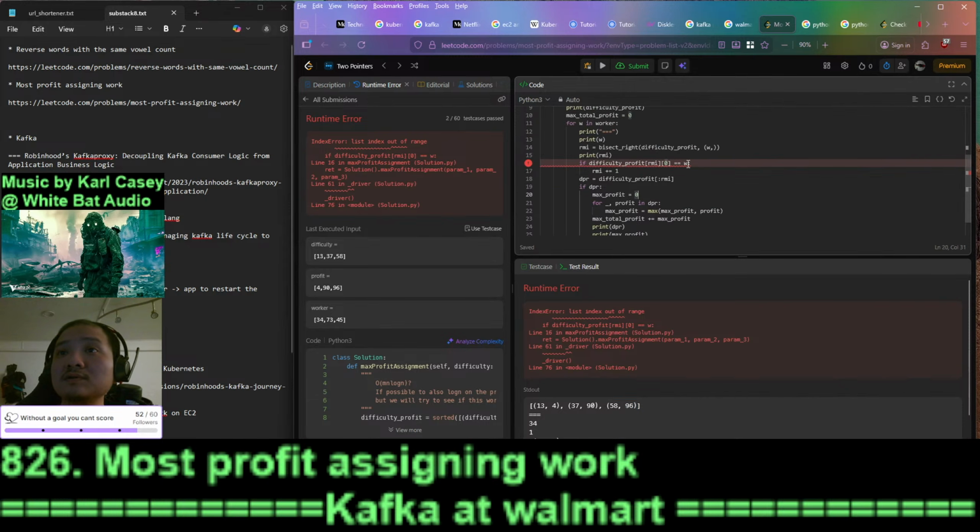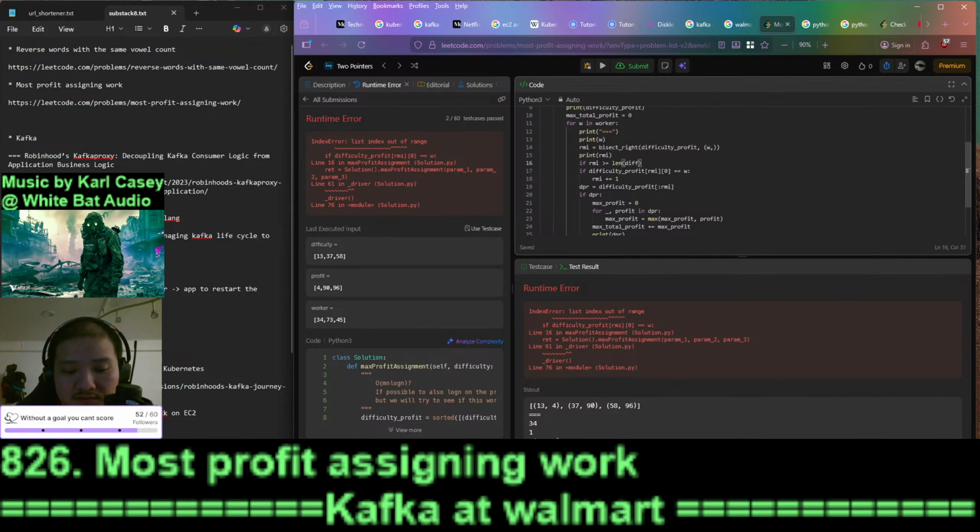Okay, so if RMI is greater than or equal to the length of difficulty profit, if RMI is less than the length of this, that should fix that.